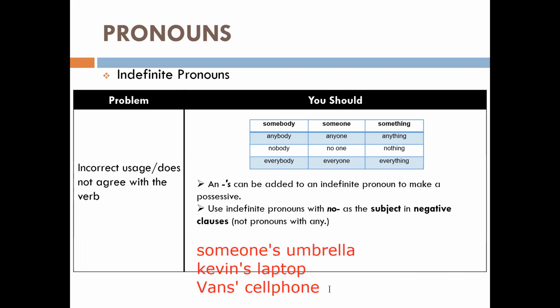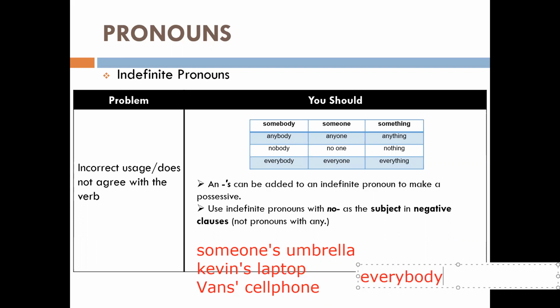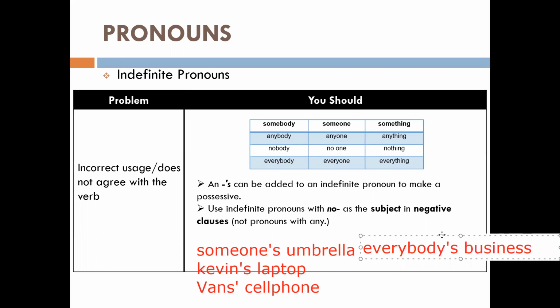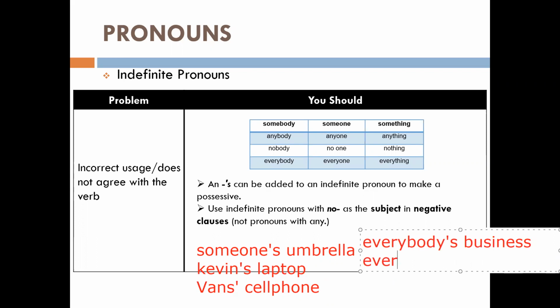So, pwede rin to. Everybody's body. Okay, isa pa. Everybody's business. Sir, paano naman po ito? Okay, makinig mabuti ha. Baka medyo malito yung iba. Wag pong malilito. Okay. Sir, ano naman po ito? Everybody's busy.